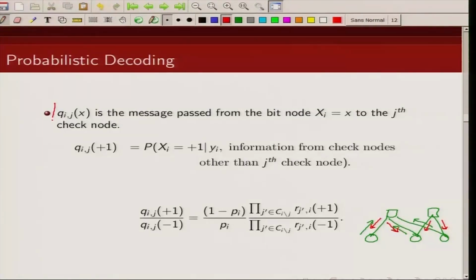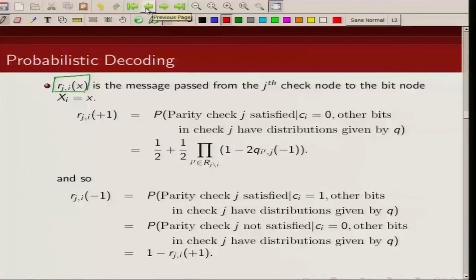So, we are denoting by QIJ the message which is passed from bit node I to the jth check node, and we are denoting by RJI the message which is passed from the check node to the bit node.